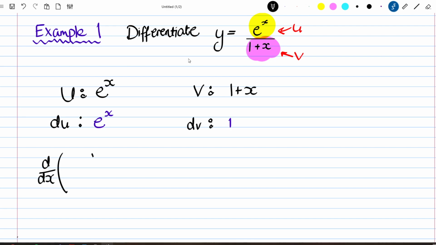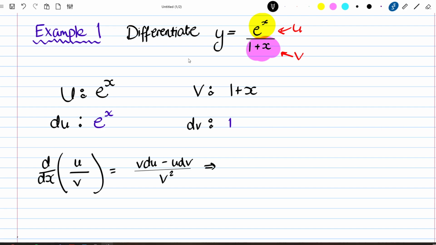The quotient rule then says that differentiating a fraction is going to give us v du minus u dv, all divided by v squared.